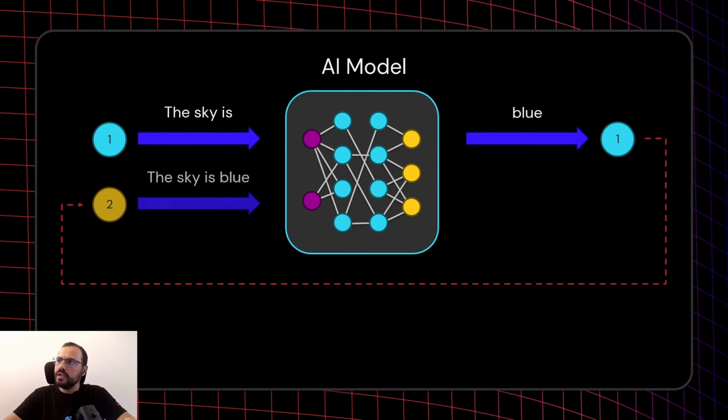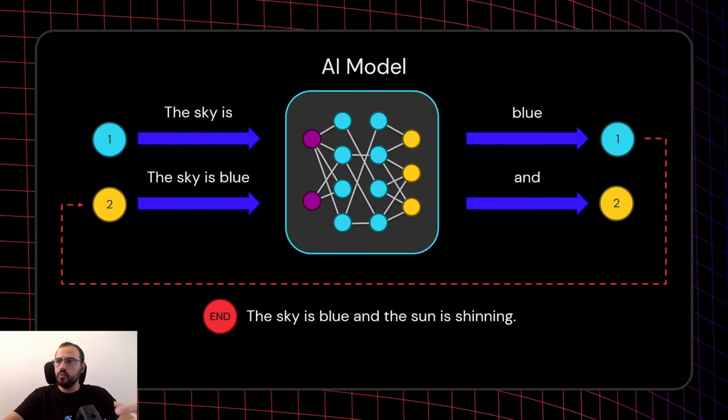And then if we concatenate this and give it back to it, the sky is blue, it calculates again the next word and gives the end. And we do this until we consider that we arrive at the end of the answer.